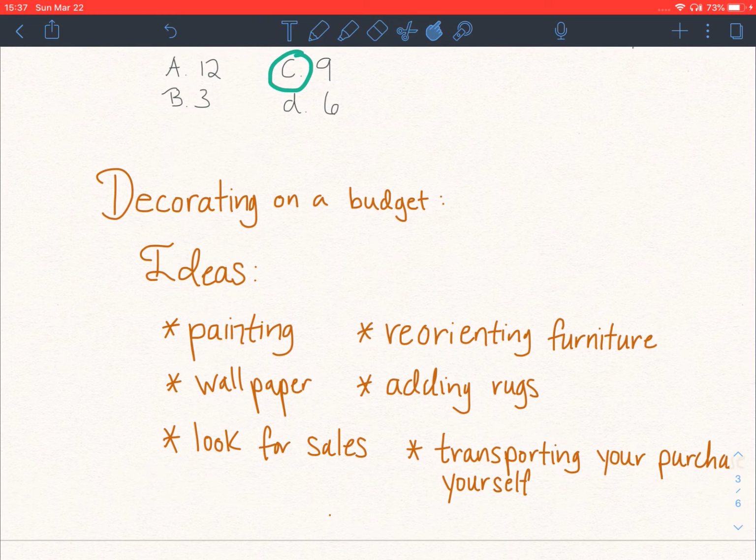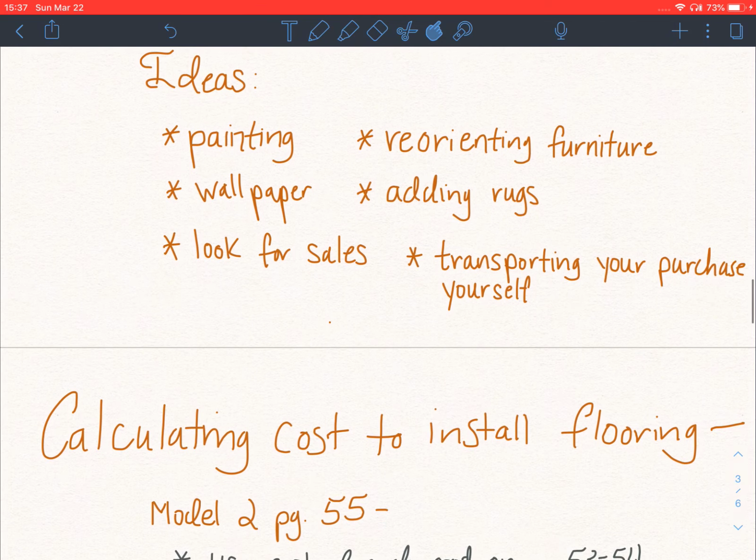If you buy a couch from a furniture store, sometimes they will, for a certain charge, ship it to you. It is a lot cheaper to borrow a friend's truck and move that couch yourself. So these are just some tips and tricks on how to save on decorating.